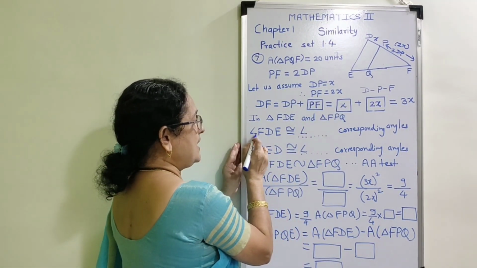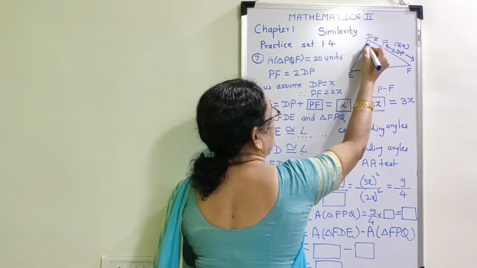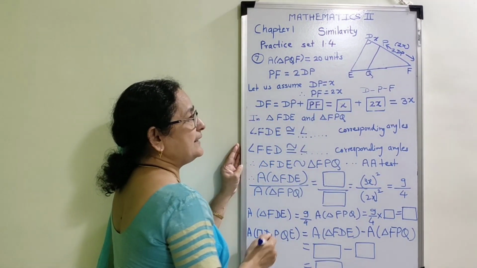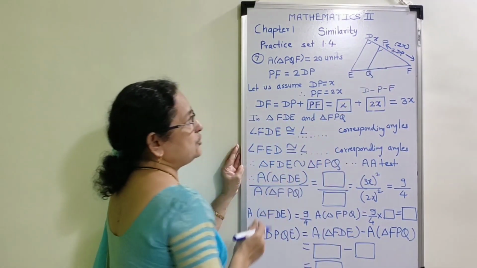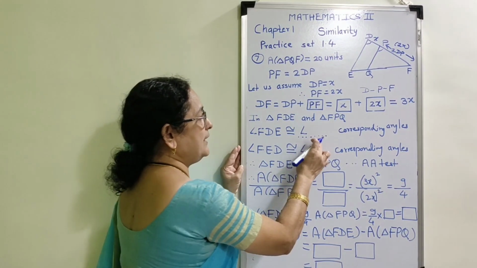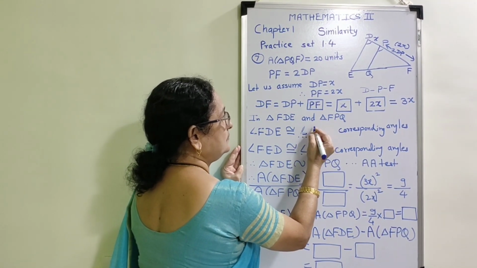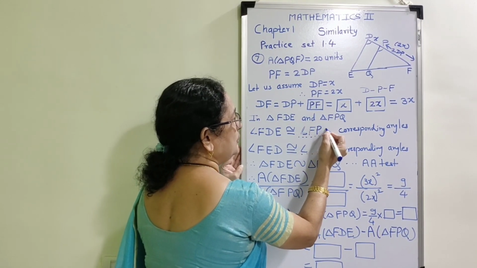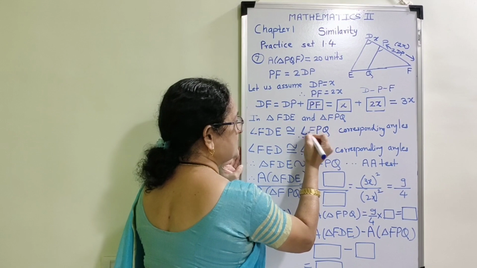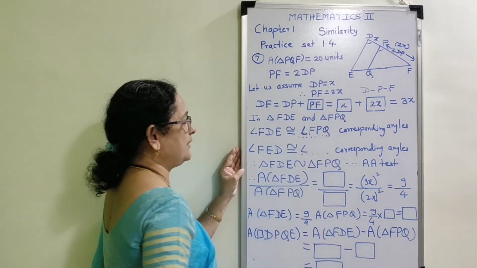The first angle is FDE. If I consider this angle, then angle FPQ is its corresponding angle. These two are corresponding angles.